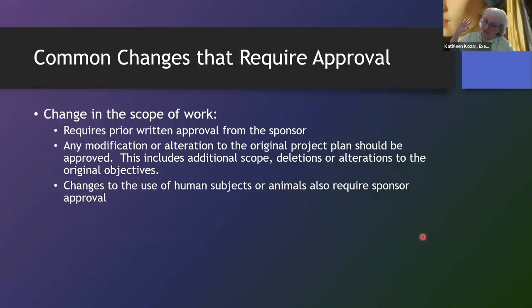That had to go through a big review at NIH, and it took quite a long time, but they approved it. But that is a really good example. Instead of just the children, he also wanted to add some aspect to the study that involved the mothers. And that, as I said, is a very good example of a change in scope of work that involves human subjects.